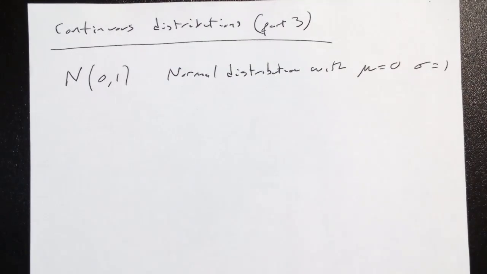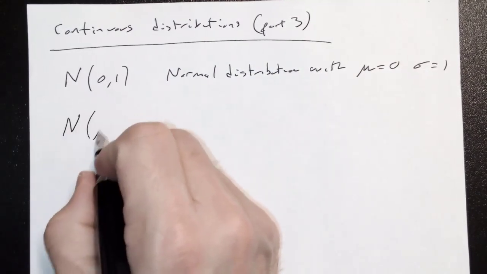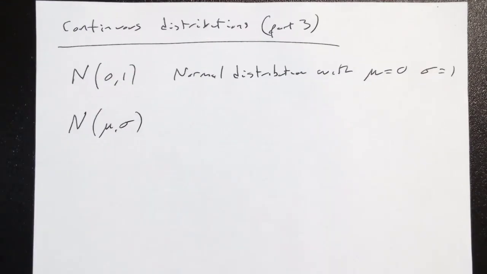And we can use any normal distribution, with any average, with any standard deviation. But if we always convert to z-scores, we only ever need to look at one area, one curve.